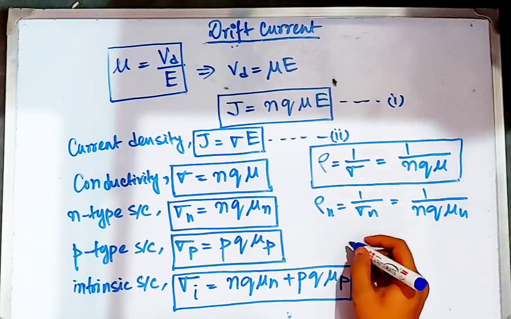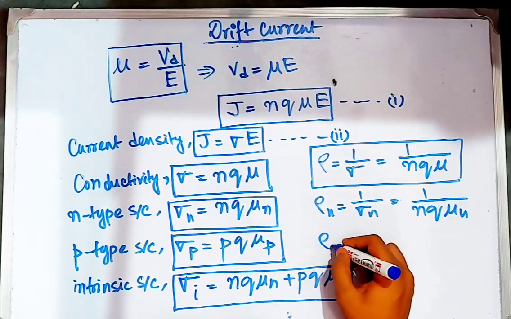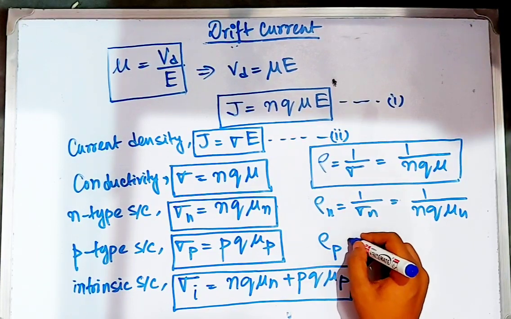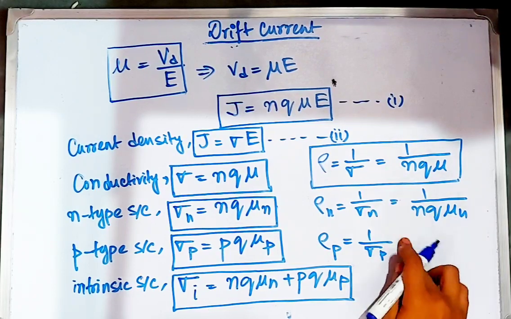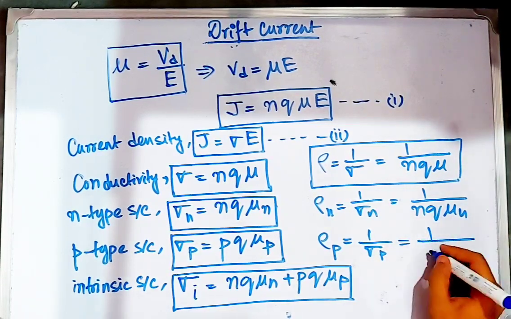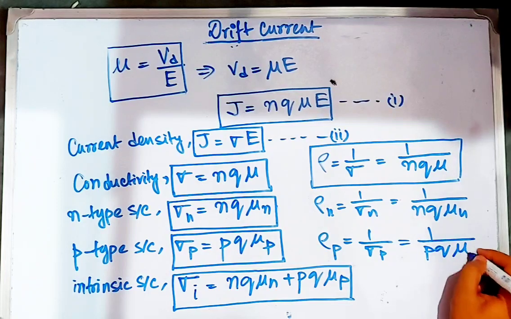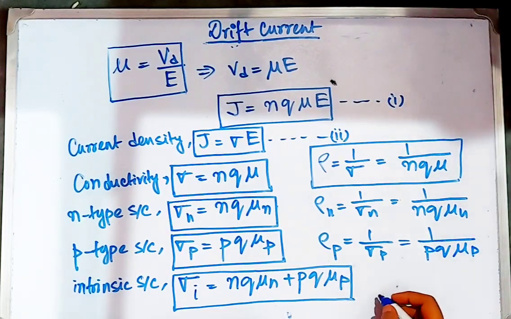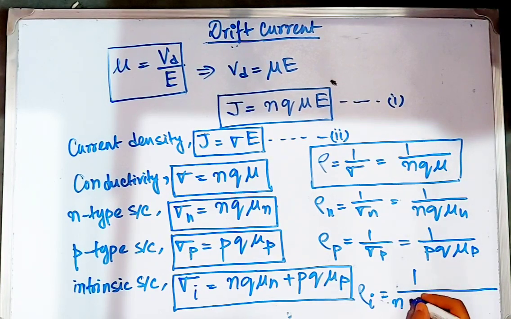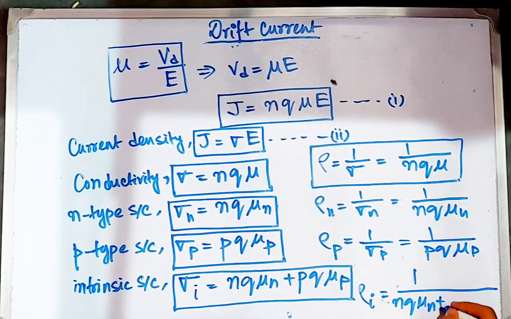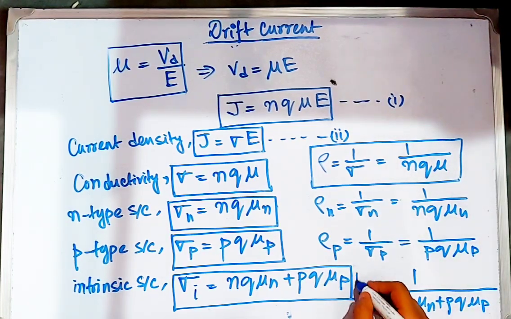And if I talk about the resistivity for the p-type material, then that is 1 by sigma p, and the formula is 1 by p q mu p. If I talk about the resistivity for the intrinsic type semiconductor, then that is 1 by n q mu n plus p q mu p. This is the formula.